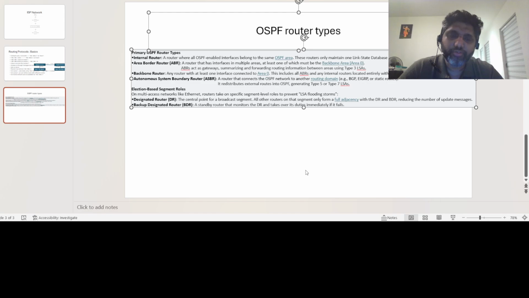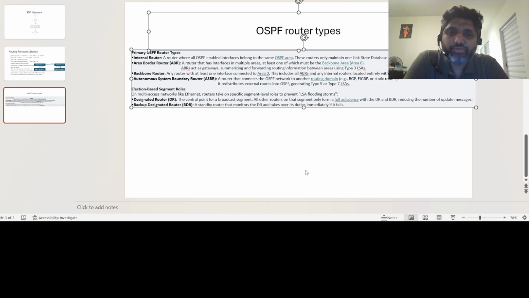In a similar way, vice versa, Mysuru routes should pass through Bengaluru to the Mangaluru area, right? So here the area border router is the router which connects two areas, or at least has one interface in the backbone area, right?